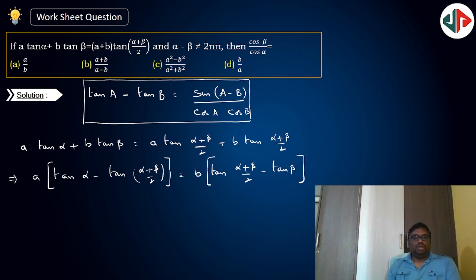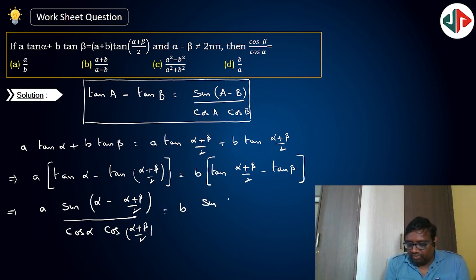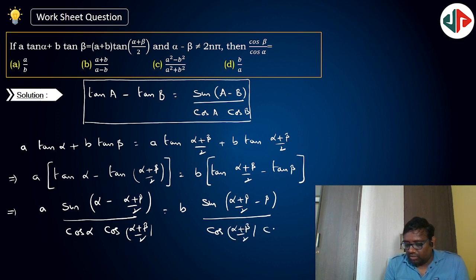Just rearrange. Now it is in which form? Tan A minus tan B only. Tan A minus tan B value we can read as A times sine of alpha minus alpha plus beta by 2 by cos alpha into cos of alpha plus beta by 2 is always equal to B times sine of alpha plus beta by 2 minus beta by cos of alpha plus beta by 2 into cos beta. By using which formula, sir? This is.